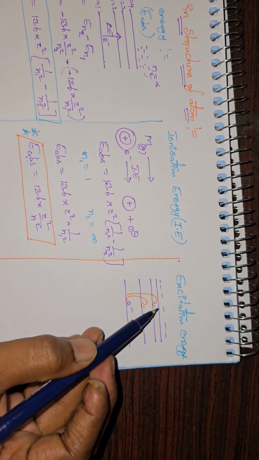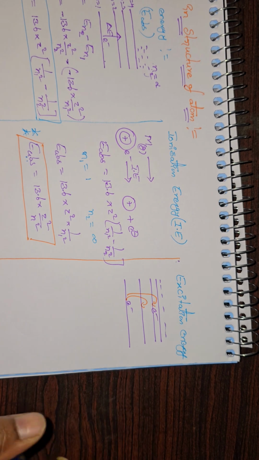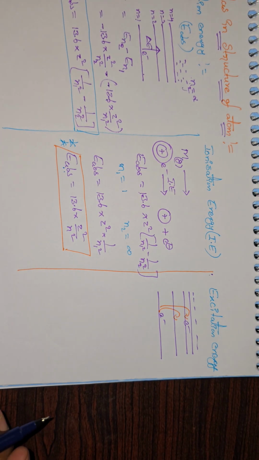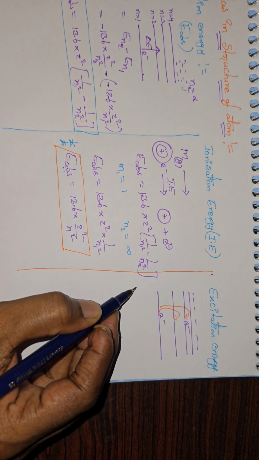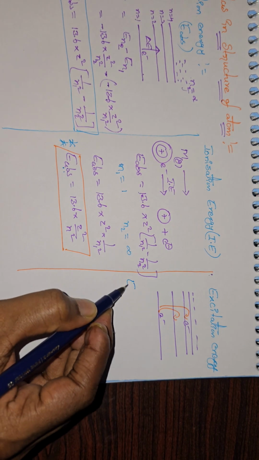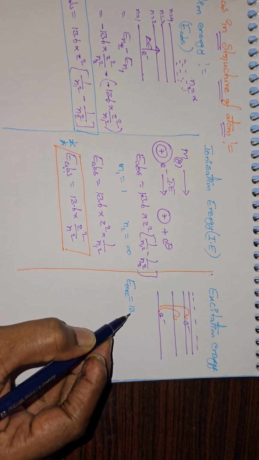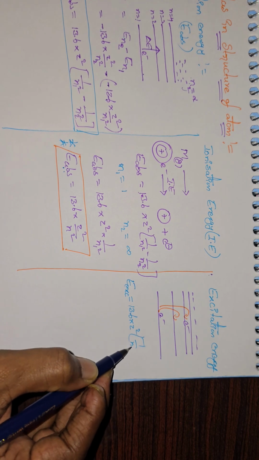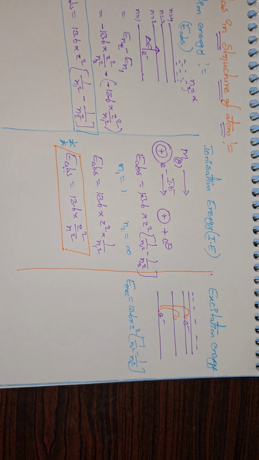That is, the electron is not completely removed. In that case, what is the formula? The excitation energy, E excitation, is equal to 13.6 into Z square times 1 by n1 square minus 1 by n2 square. This is the excitation energy formula.